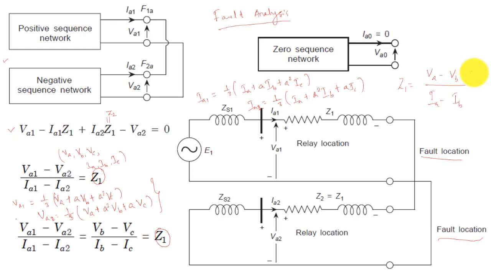This is for A to B fault. And similarly for A to C fault you can write. This will also cover A to B to ground fault, B to C to ground fault, and C to A to ground fault.